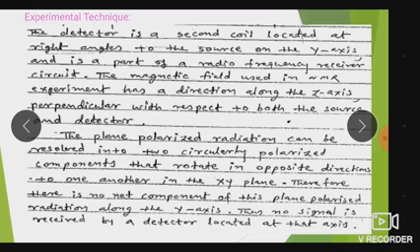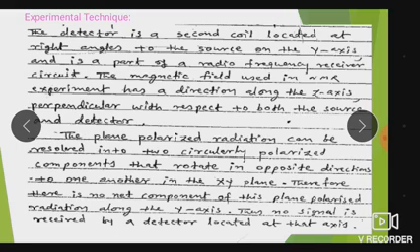The plane polarized radiation can be resolved into two circularly polarized components that rotate in opposite directions to one another in the xy plane.